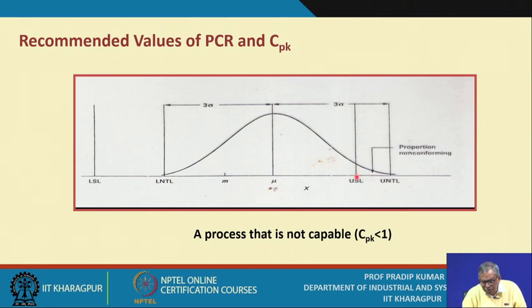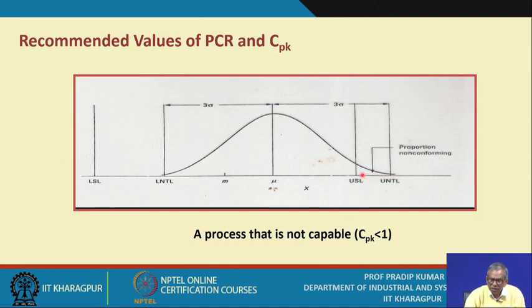But in this area there could be many values, is it okay? When your production rate is very high, you may expect many values which are greater than USL. If they are greater than USL, they are referred to as non-conforming, okay.